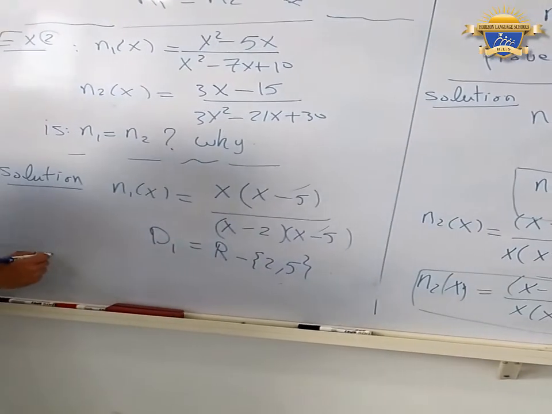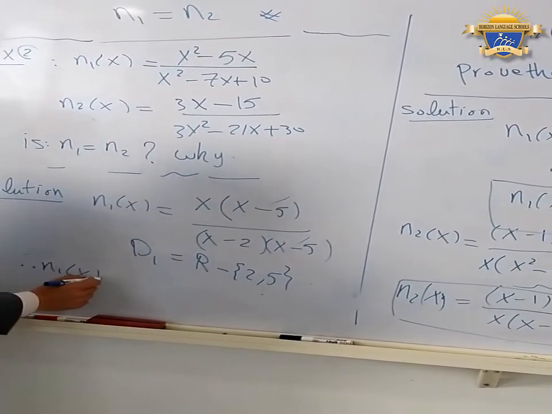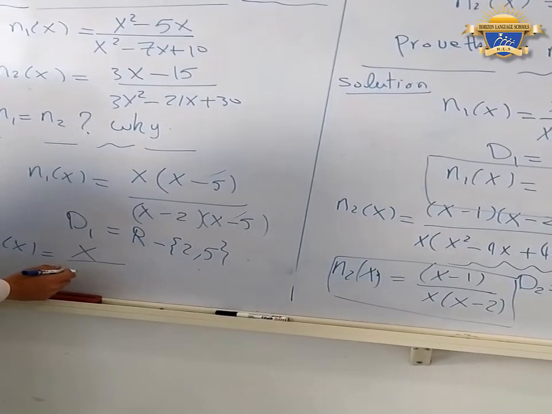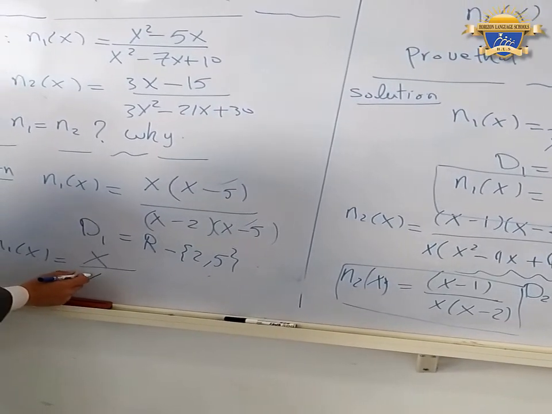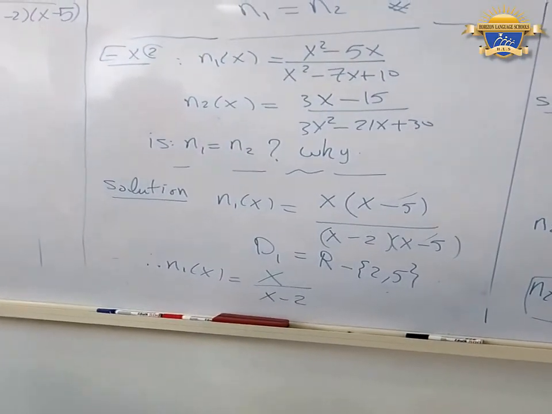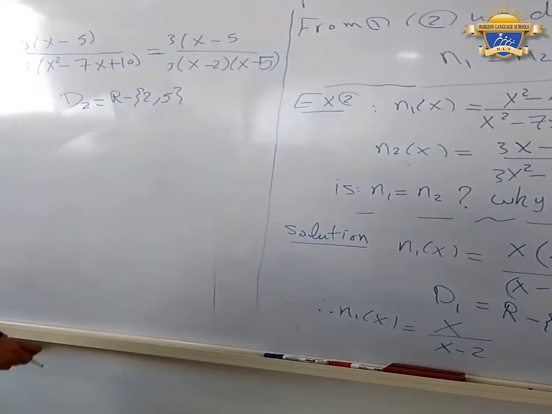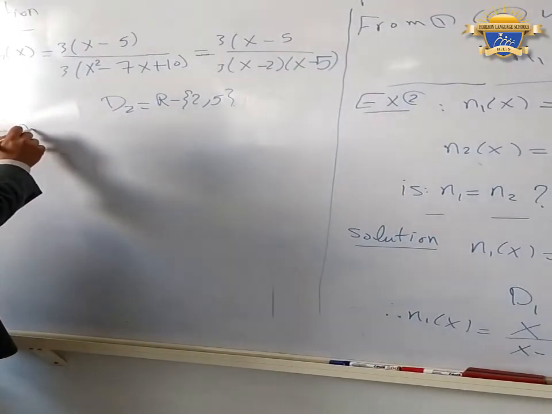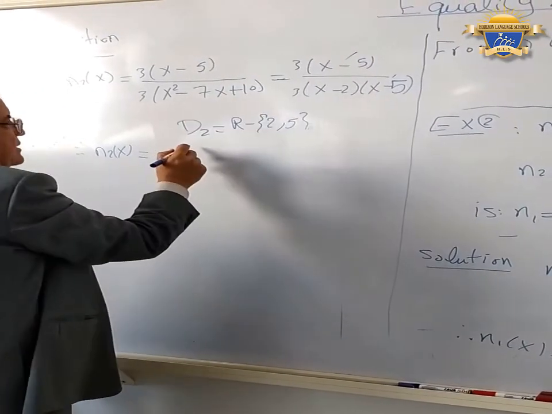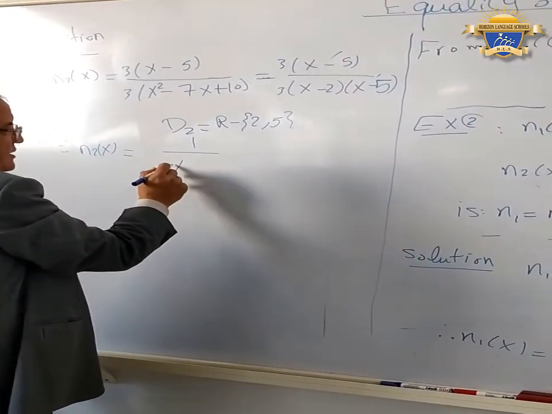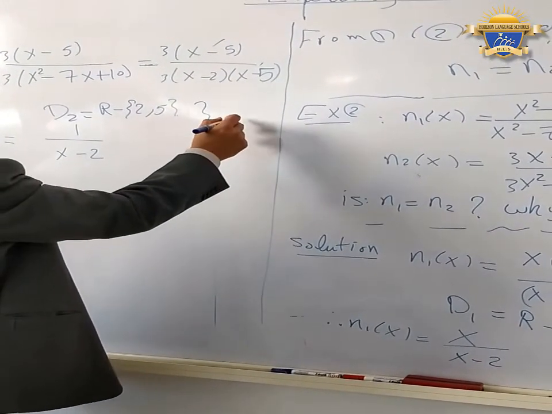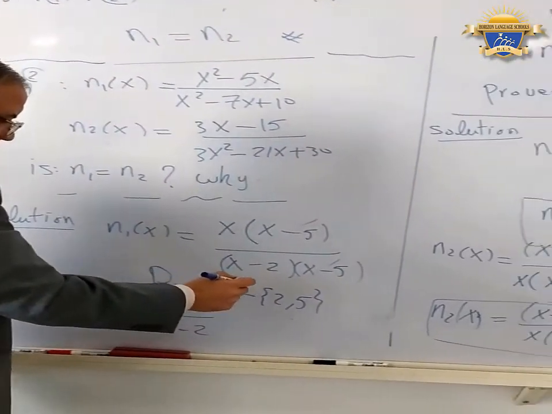And then N1 of x will be, cancel this by this, remember, x over x minus 2. Okay? Then N2 of x, after canceling the common factor 3 and 3, the remainder is 1 over x minus 2. This is D2 and this is D1.